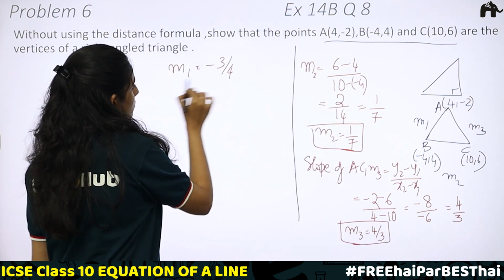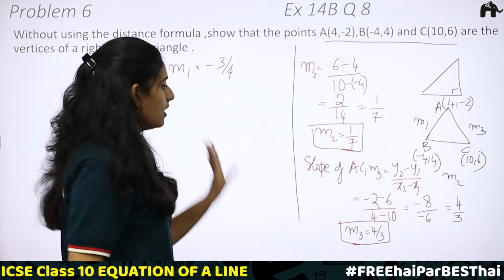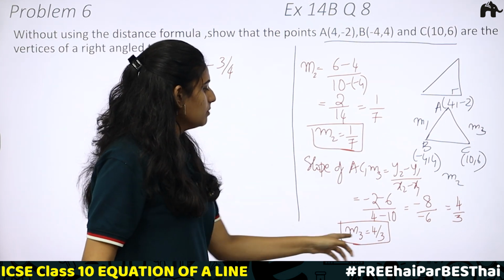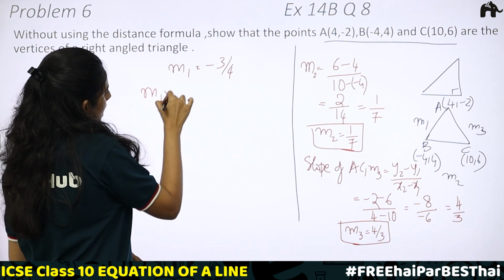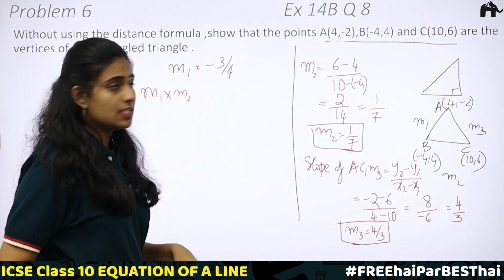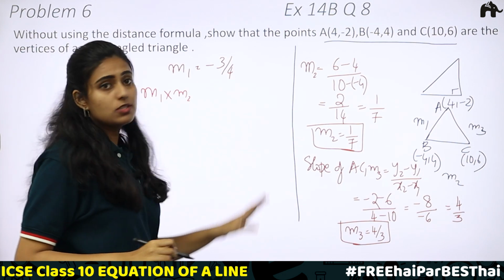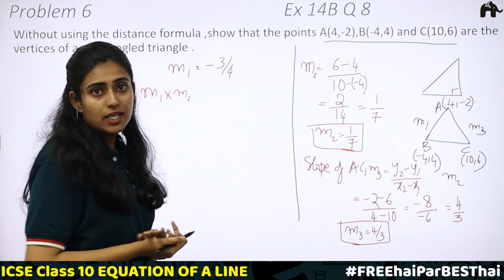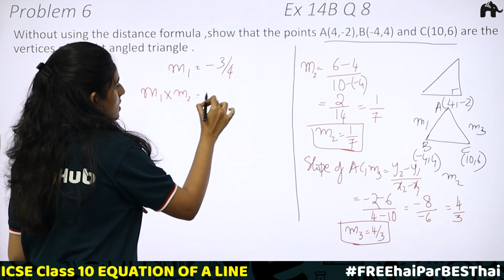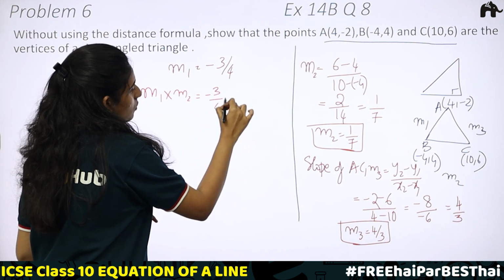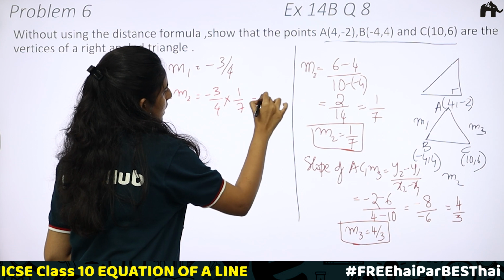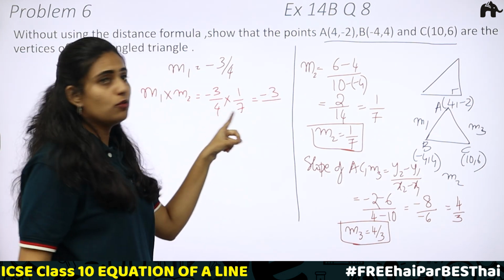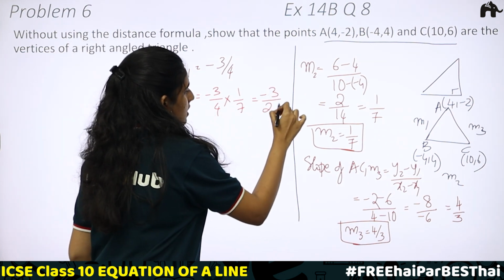So we have m1 is equal to minus 3 by 4, m2 is equal to 1 by 7 and m3 is equal to 4 by 3. Let us multiply m1 and m2 first. If we are getting minus 1, then these two sides, that is AB and BC, will be perpendicular. m1 into m2 is equal to minus 3 by 4 into m2 is 1 by 7, which is equal to minus 3 divided by 4 into 7 is 28.